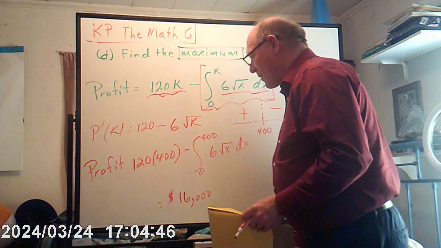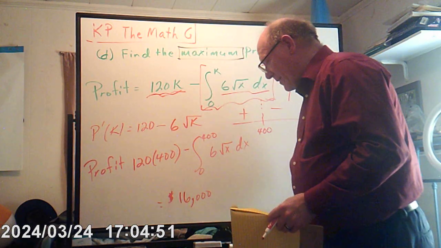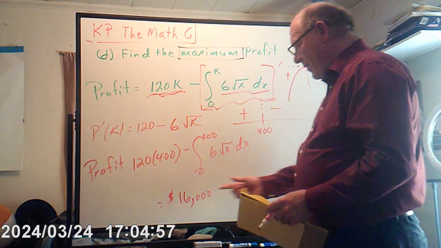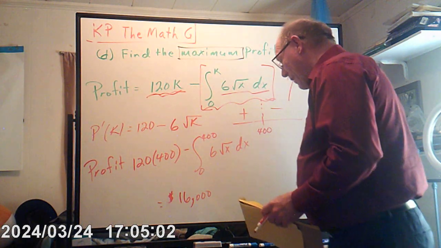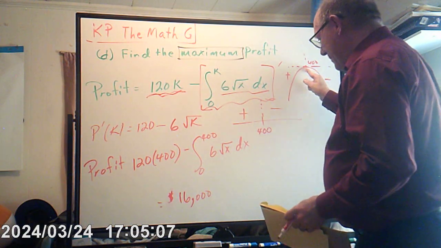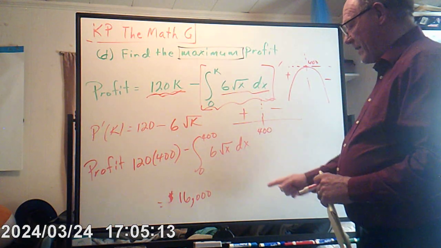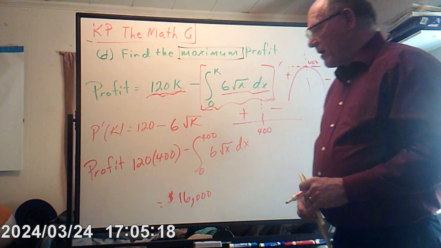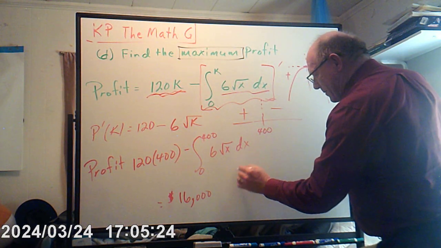Alright, so at 400 meters, this gives us $16,000 profit. Anything less than that is just not quite enough. Anything greater, you see that the max is here, from this problem here. And so that's the maximum profit, $16,000.